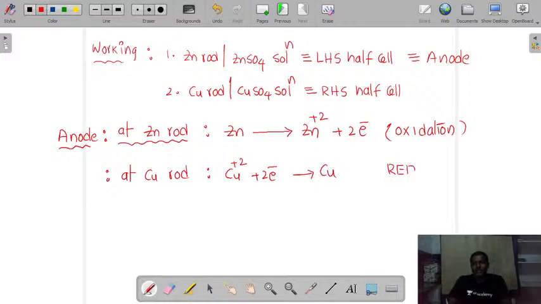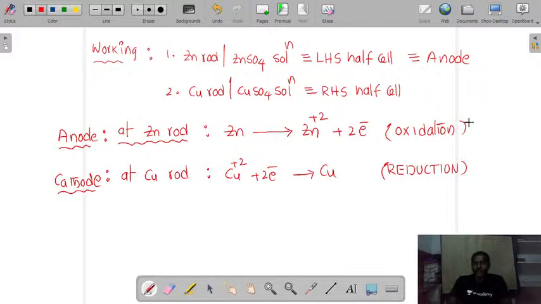Reduction takes place at the cathode. Therefore, the copper rod acts as the cathode. The zinc rod acts as the anode, and the copper rod acts as the cathode.